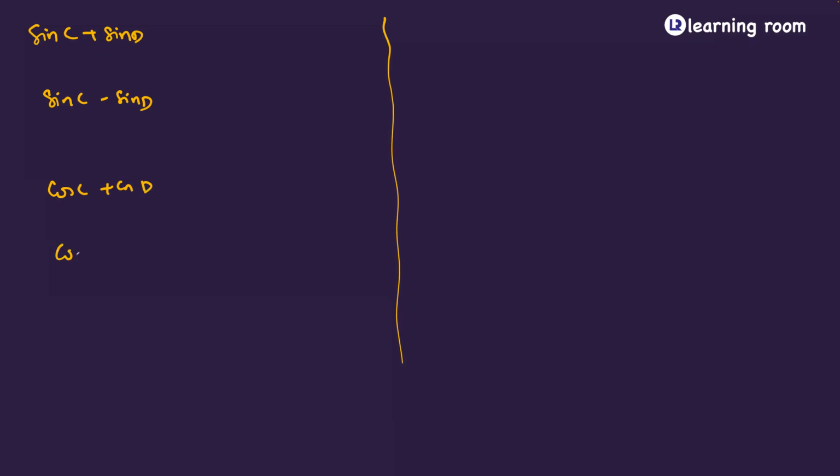So if I break the page into 2 parts, we have the formula sin C plus sin D, sin C minus sin D, cos C plus cos D, cos C minus cos D. Right.